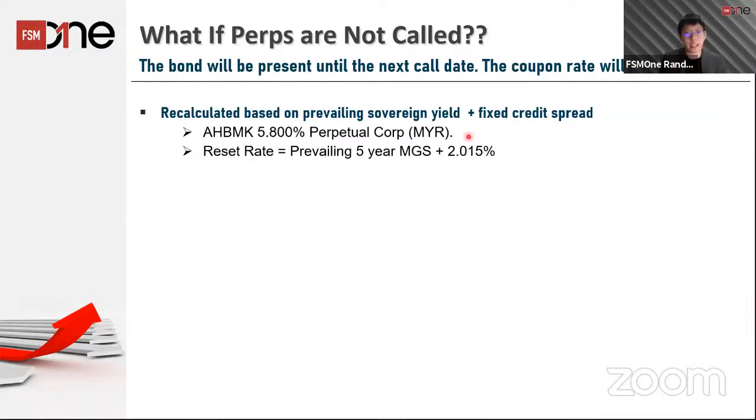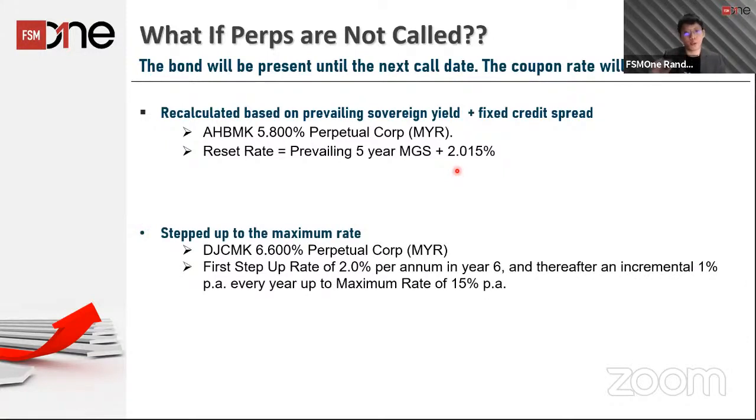On this date, if the issuer doesn't want to redeem the bond, they have to reset the coupon rate based on the 5-year MGS yield, because this bond has a 5-year non-callable feature. So we take the 5-year benchmark plus a specific credit spread, which is 2.015%. You can find this credit spread in the bond prospectus, where it is stated clearly in black and white. This is one way to recalculate it.